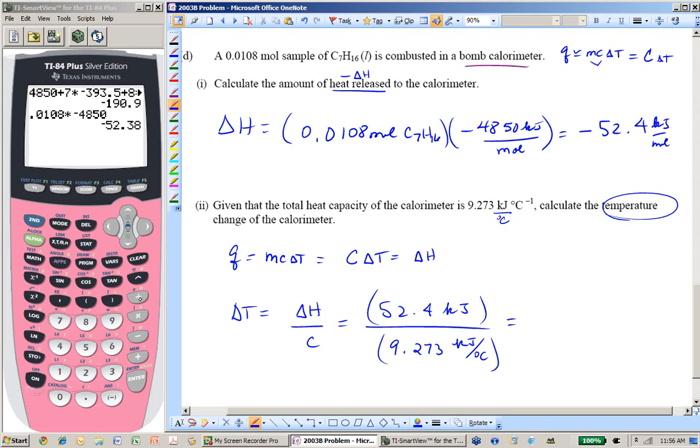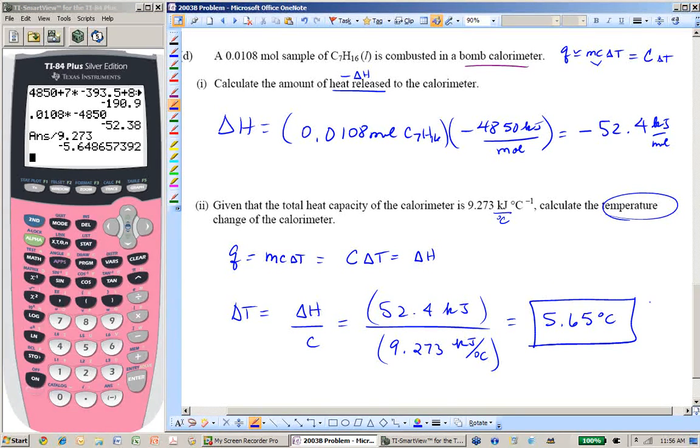And it's a change, so I don't even need to worry with the sign. So divided by 9.273. And so this is a delta T of 5.648, 5.65 works, degrees C. So it was a combustion, it got hot, therefore the temperature increased, so we would have a positive sign on the delta T from common sense.